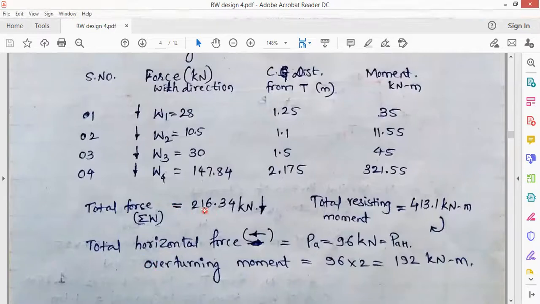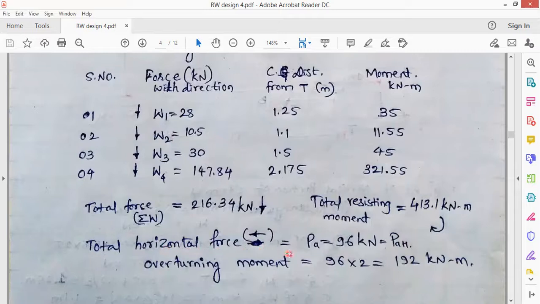So the force is 216.34 kilonewton vertical downward force, and the net moment is 413.1. This force also helps us in the calculation of the sliding effect, that is check for sliding, and this moment will help us to check for the overturning.